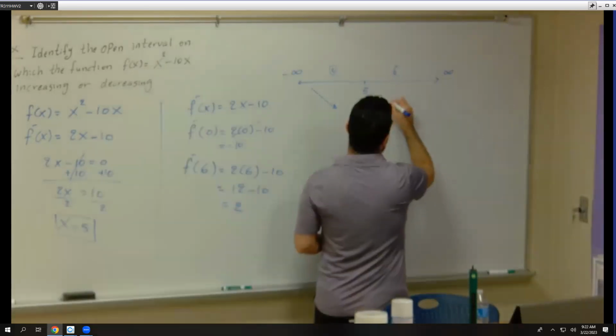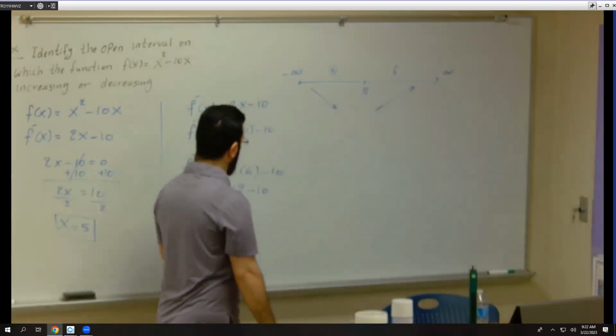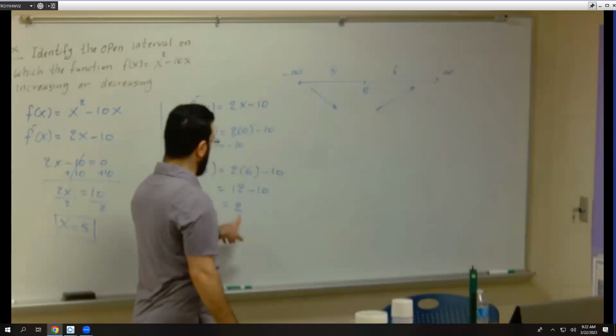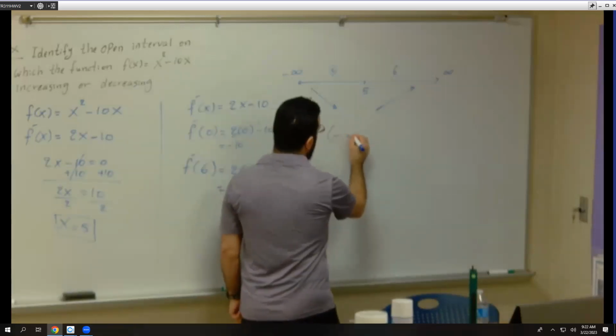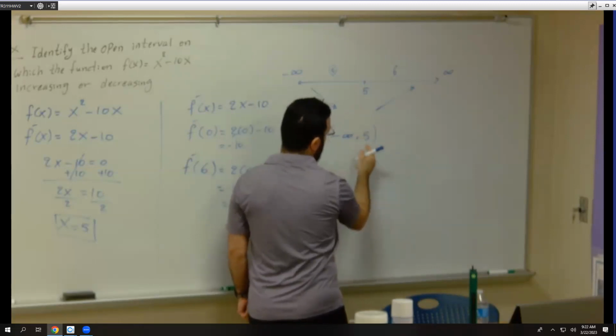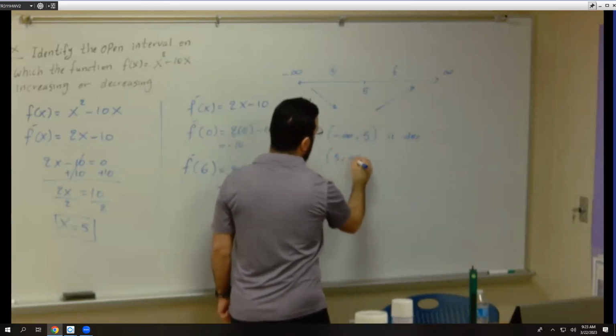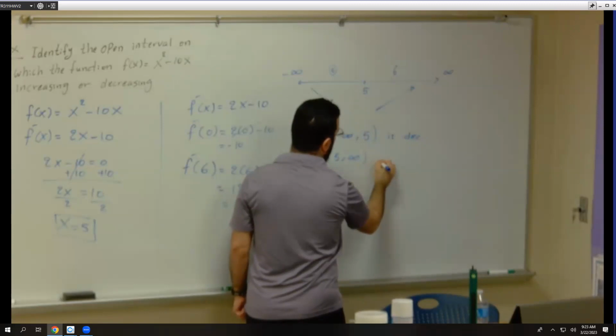So from 5 to infinity, the function is increasing because it's a positive number. So write down the intervals: from negative infinity to 5, the function is decreasing, and from 5 to infinity, it is increasing.